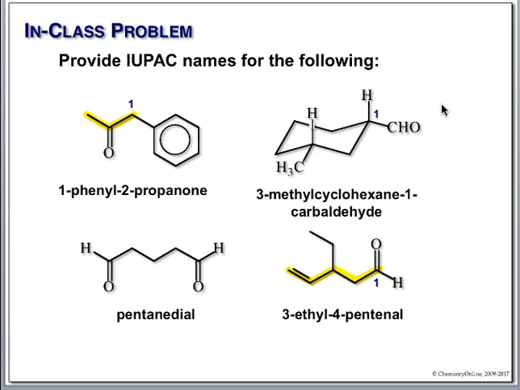The one thing that I left out of the name up here for the cyclohexane derivative was the stereochemistry. These are both equatorial, aren't they? That means that they are cis. They're 1,3-diequatorial, so they're cis.